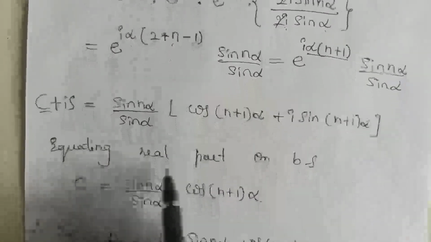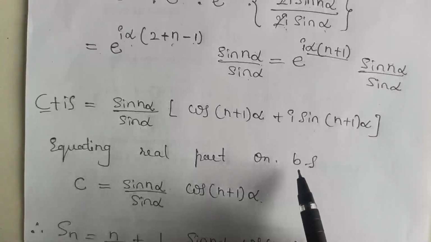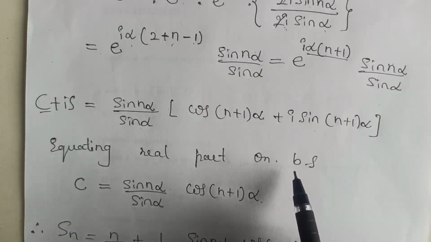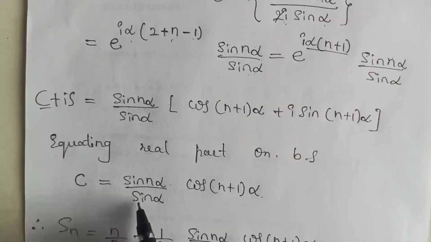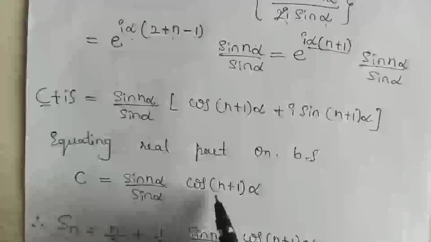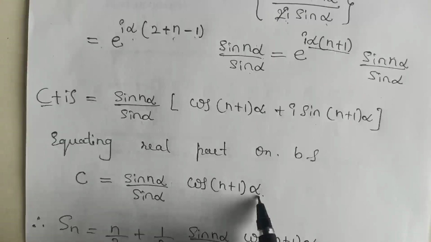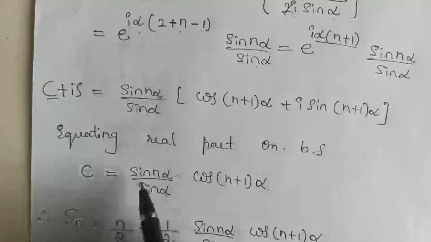Now equating the real part on both sides. Why real part? Because we have the cos series, that is C. We need the C value. Therefore C equals sin nα divided by sin α, cos of (n plus 1)α. This term is common to all terms.